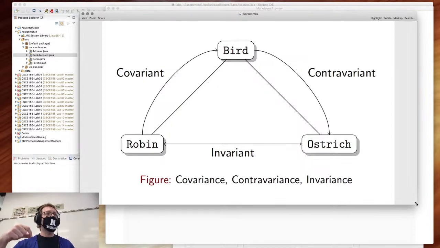Yes. A subclass is its superclass. Is an ostrich a bird? Yes. Is a bird necessarily a robin? Nope. So the relationship goes up. The relationship does not necessarily go down. If I've got an ostrich that is a bird, well then that bird is an ostrich. Right? It can be treated as an ostrich.